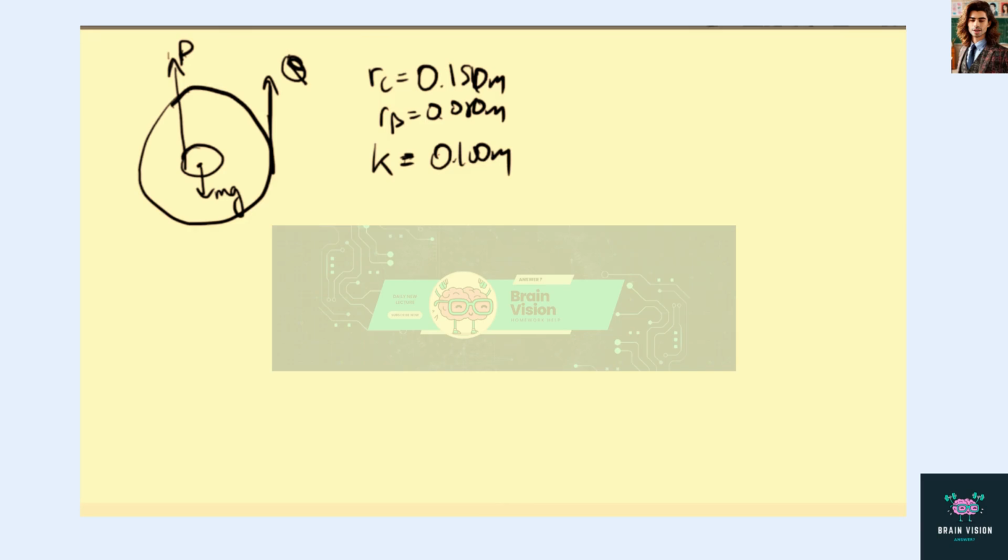Additionally, the pulley has a mass of 3 kg, and the pulley force is 24 newtons. So for A, we want to determine the velocity after 1.5 seconds.